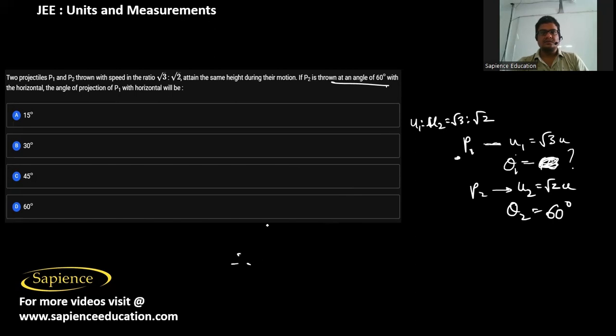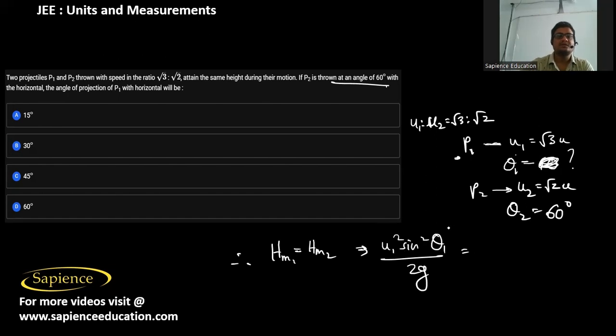Okay, so their height is same. They attain the same height during their motion. It means the maximum height is same. So h, the maximum height for the first projectile P1, will be u1 square sine square θ1 by 2g, and the maximum height for the second projectile P2 will be u2 square sine square θ2 by 2g.